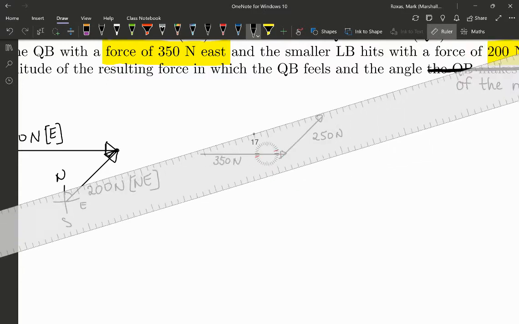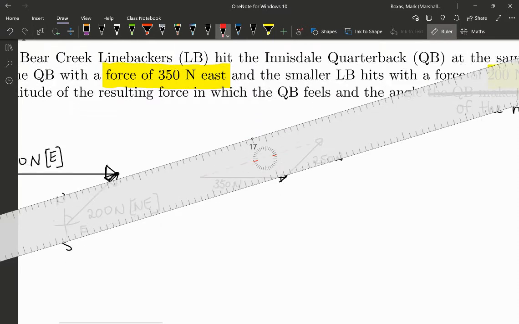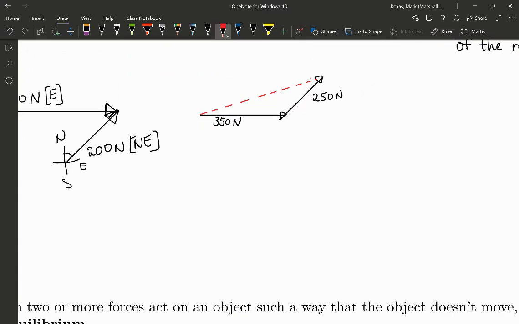The resultant vector is going to be the vector connecting the start of the first to the end of the second of my two added vectors. I'm just going to do a little dotted line, like so. There's my resultant vector. We'll call that vector R.